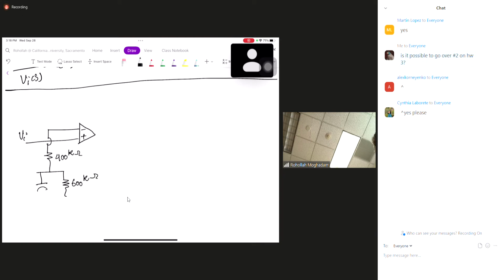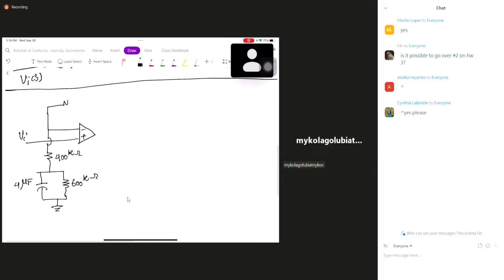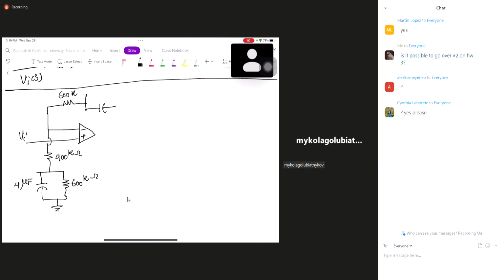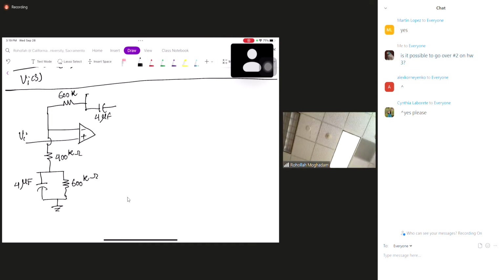Which kind of operational amplifier is this one? This is a non-inverting amplifier. That is correct. Why? Because VI is connected to the positive terminal. That is correct. Perfect. So you have to be careful about this.